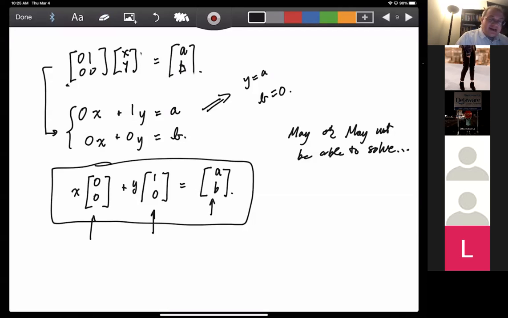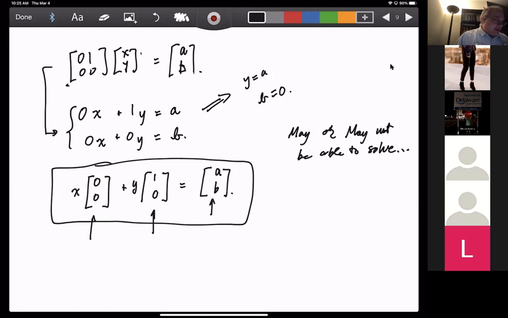However, if b is not 0, you can't solve the system. Is that clear? I can't solve it if my system is telling me 0 equals 1. There's a problem.